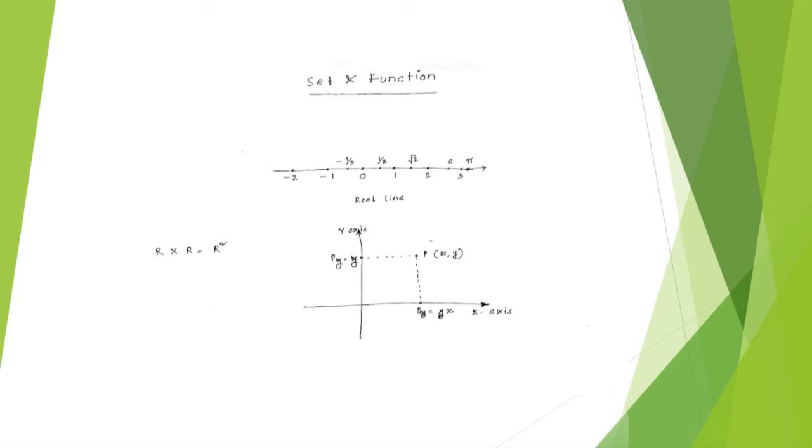We take two identical replicas of the real line, one we call the x-axis and another we call the y-axis, and paste them on a plane at right angles to one another in such a way that they cross at the point 0, that is the 0 point on each.